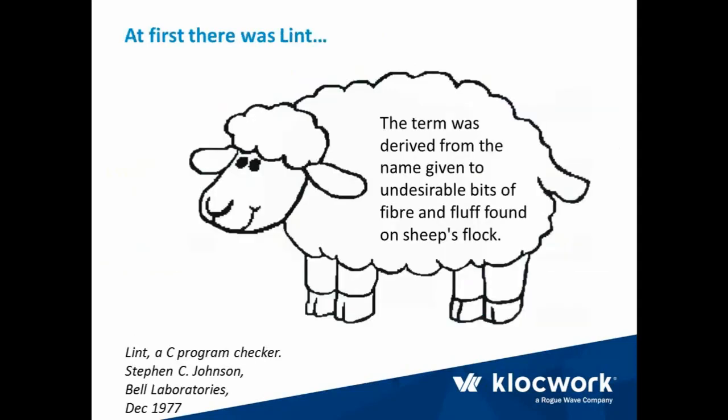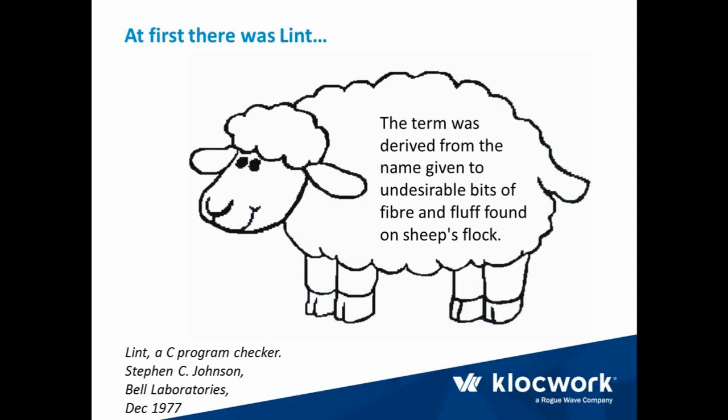And where in our industry did it all spark from? Well, in the space that Klocwork are in, which is defect finding, there was a guy, Stephen C. Johnson, in 1977, which is about the time I was born, actually, coming up with some incredibly clever ideas on removing undesirable bits of code from what we were about to release.